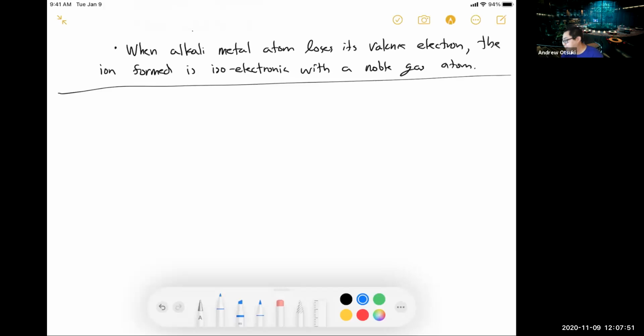So like I said about the hydroxides, they form these basic oxides when they react with water.